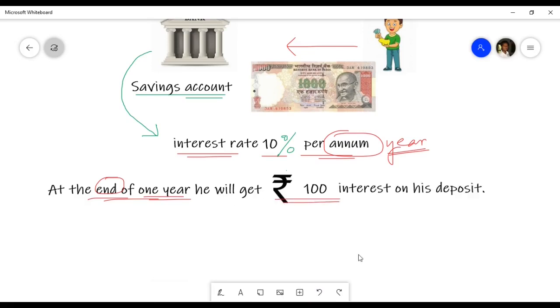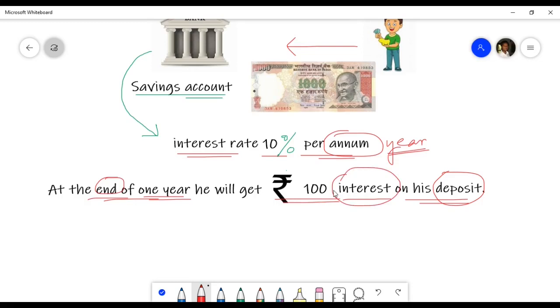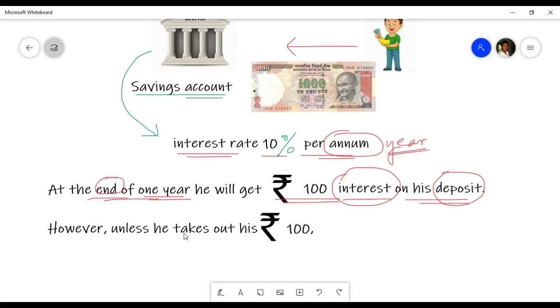So at the end of 1 year, he will get rupees 100 interest on his deposit. So this 100 rupees is the interest on his deposit. The deposit was 1000 rupees.